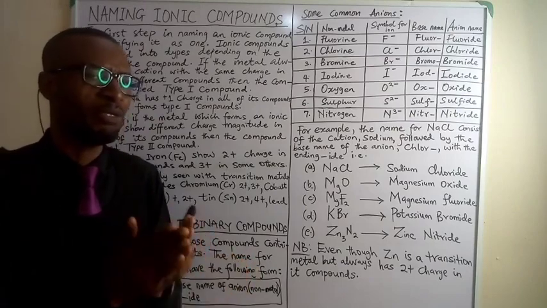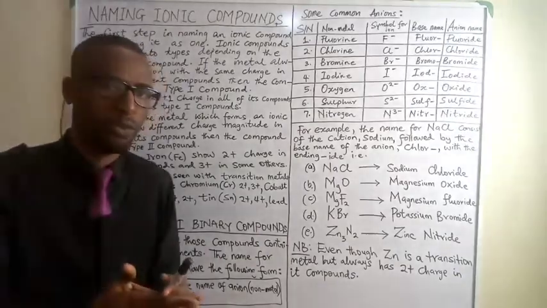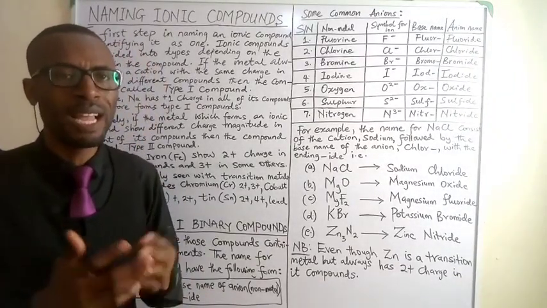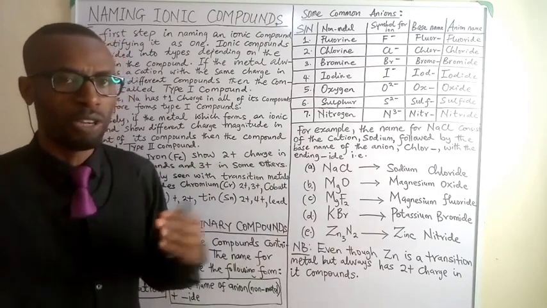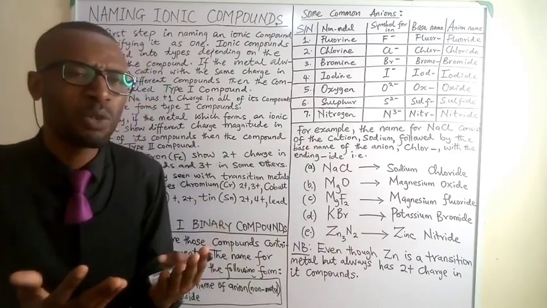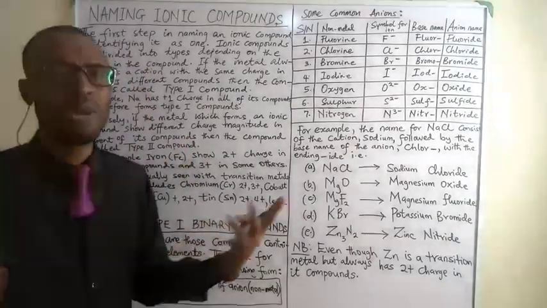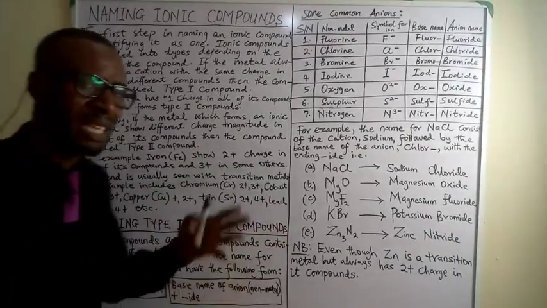But when atoms of different elements are joined together by a chemical bond, you make a compound. Sodium and chlorine combined make what we call a binary compound, in that it is made from two elements. So binary compounds are compounds containing two different elements.